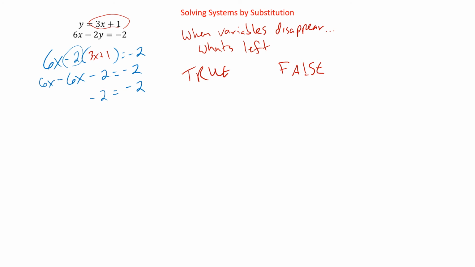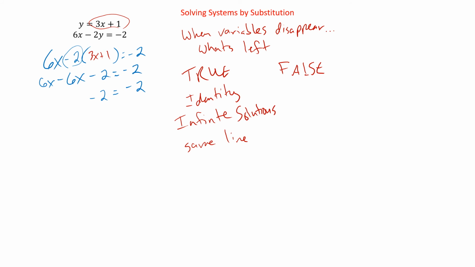It's still an identity, but we don't have all real numbers. This is where we get infinite solutions. And remember, graphically, this happened when it was the same line.